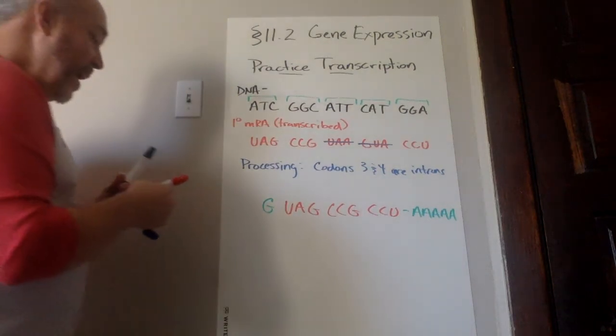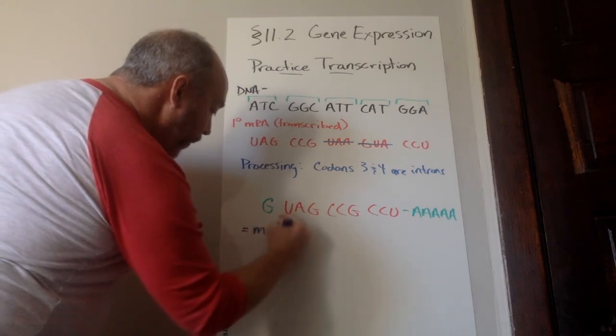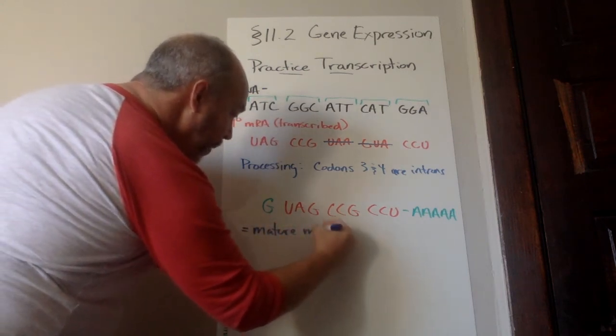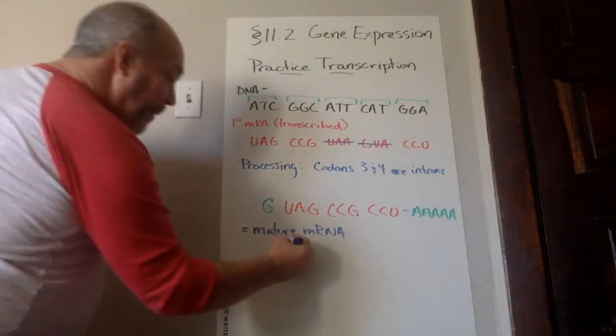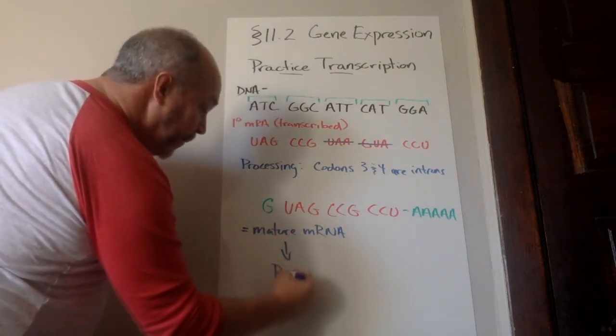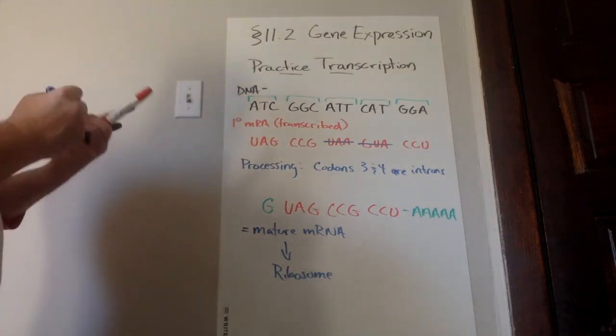So now I have created a mature mRNA. This mature mRNA can now go and find a ribosome to be translated.